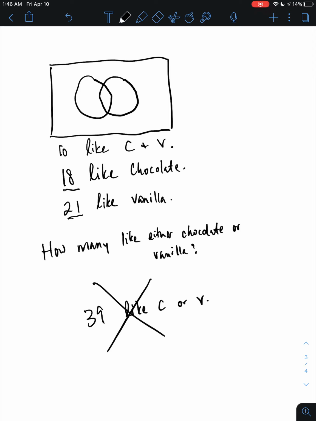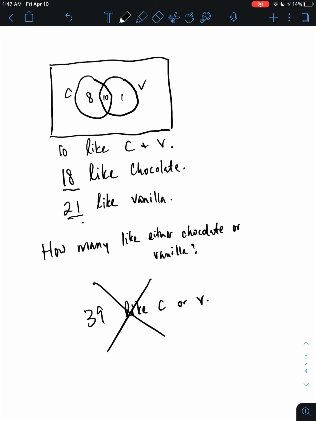Now I can start to put that data into my diagram. So inside each part of the diagram, I'm going to put the number that are in that category. So the overlap of chocolate and vanilla has 10. That means there's actually only 8 people here who like chocolate but don't like vanilla.